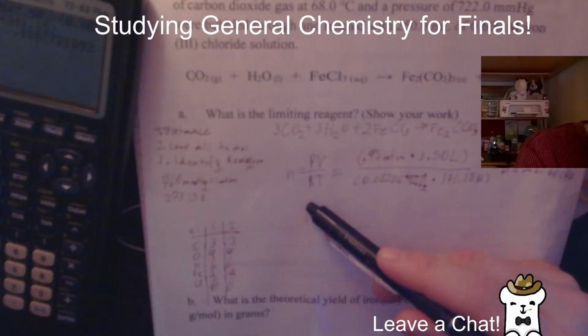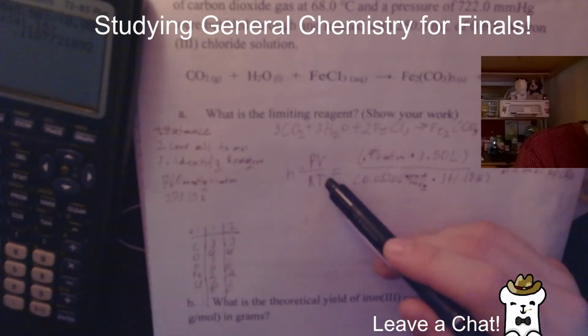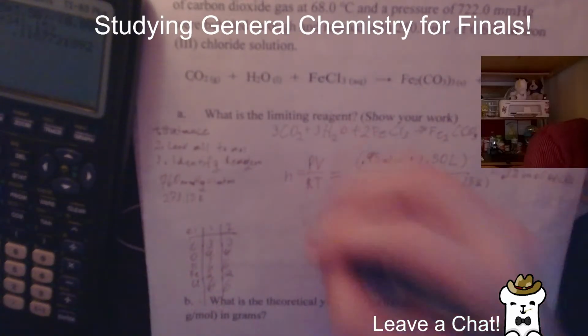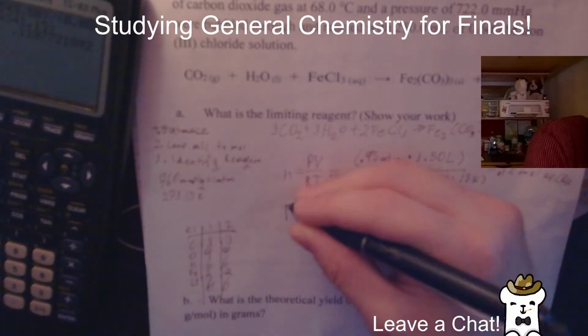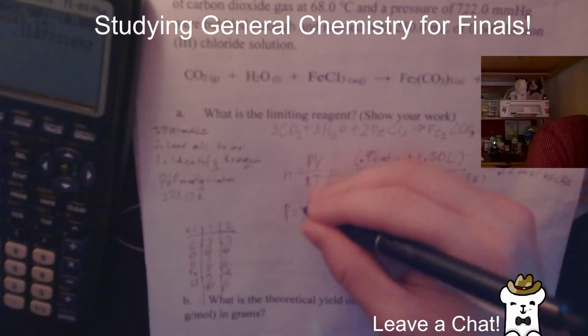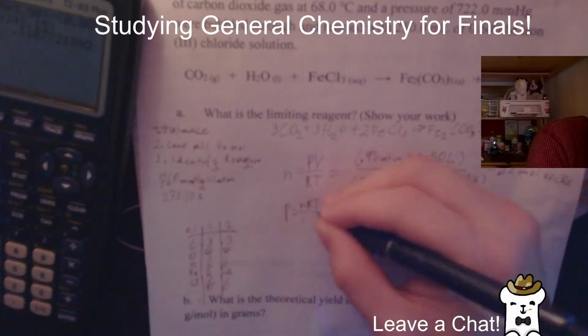Over constant, over temperature, over volume. So we need the pressure. Okay. So for this one, we're going to do P equals nRT over volume.